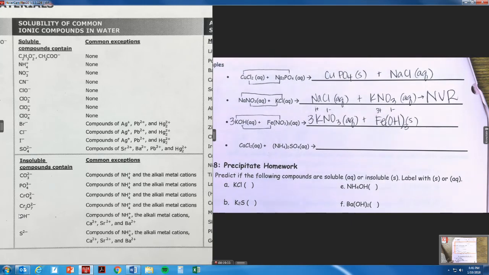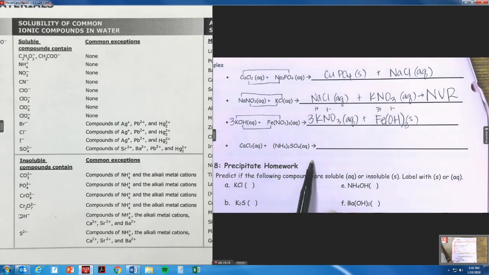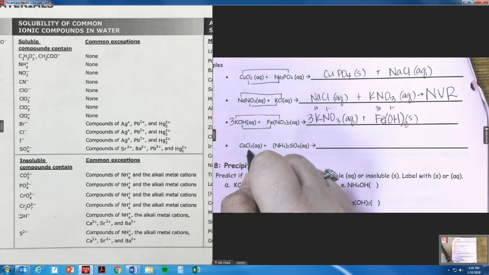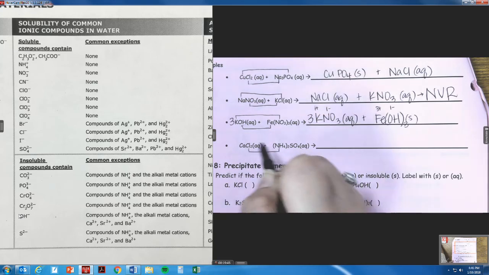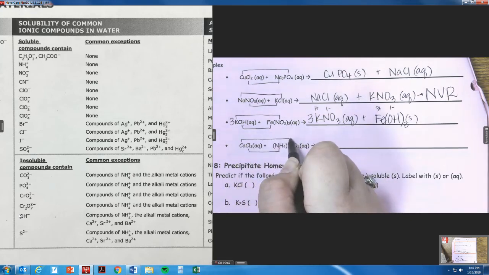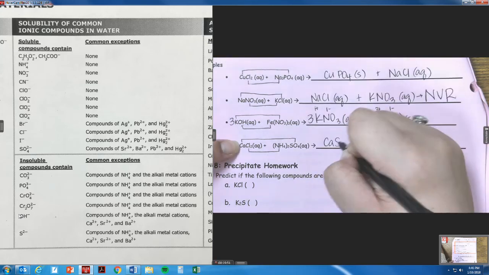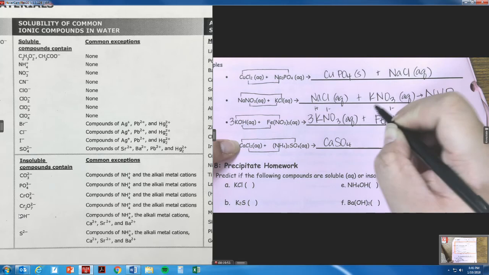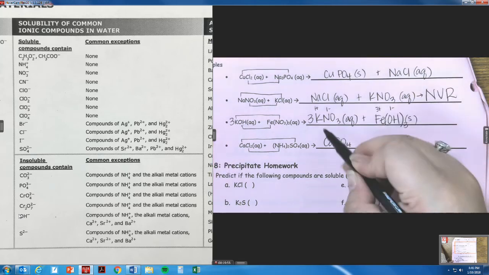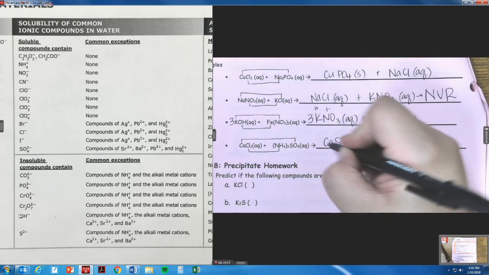And then the last equation that we have for our notes today, we have calcium chloride and ammonium sulfate. So remember, inner ions are going to pair up with outer ions. So our first one was calcium sulfate. And I'm going to go ahead and balance my compounds right now.